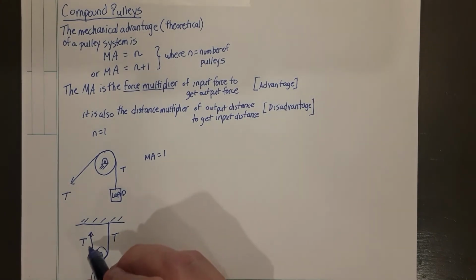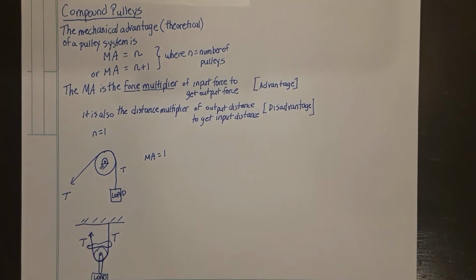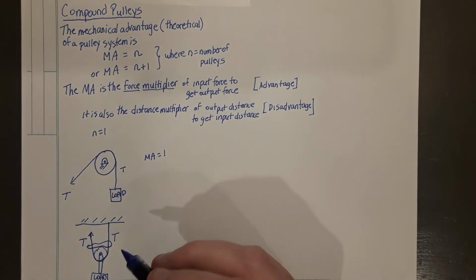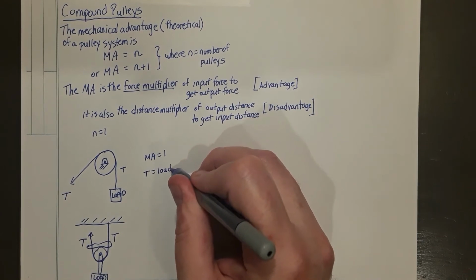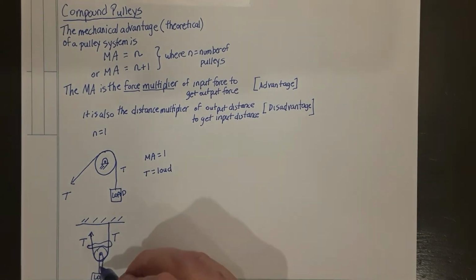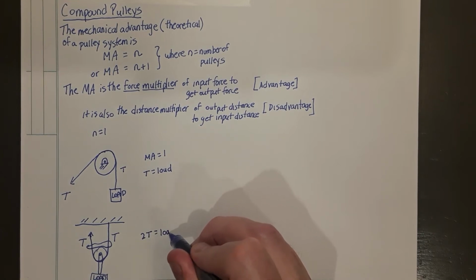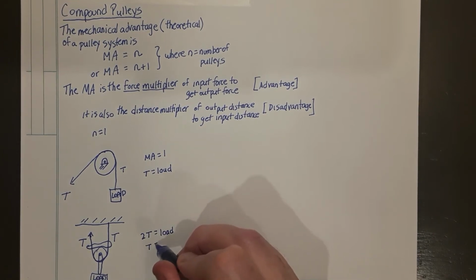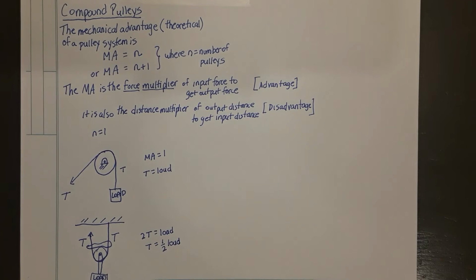Notice now that if I look at the pulley that is directly attached to the load, there are in fact 2 cables, both with tension T, that pull up. And so here 2 tensions are going to be equivalent to the load, which means that you only have to put in 1/2 of the weight of the load and you can lift it.